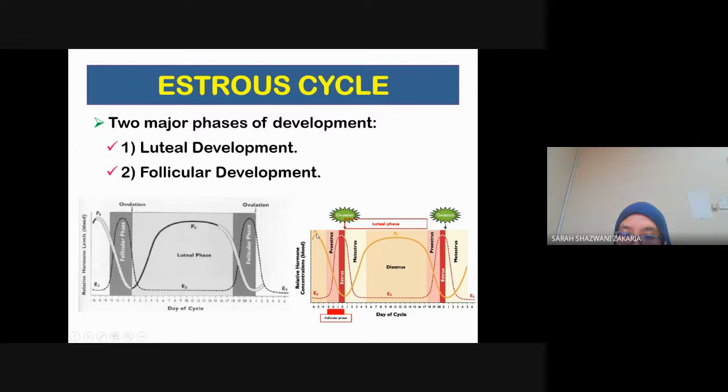If you reflect on this, this is the luteal phase, metestrus and diestrus. Perhaps I can use the highlighter. This is the luteal phase, and this is the follicular phase.